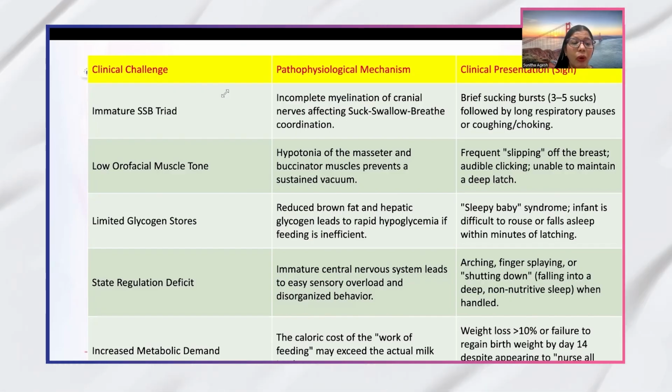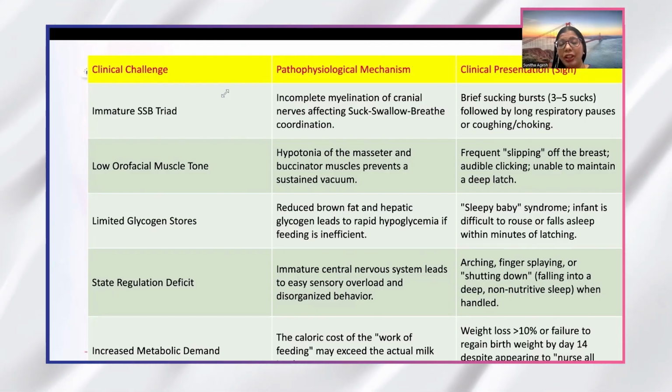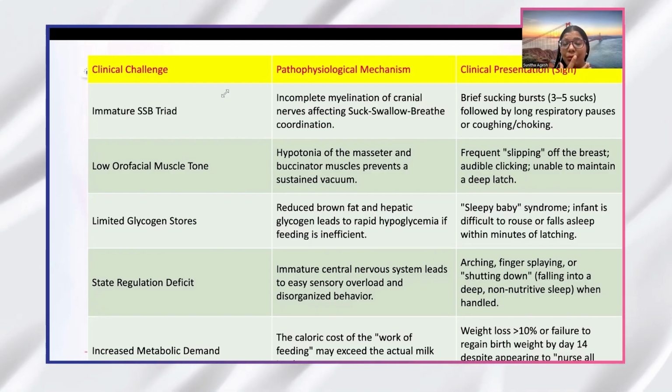Next one is low orofacial muscle tone. This is hypotonia of the masseter or buccinator muscle, which prevents a sustained vacuum. That's why when we are assessing the baby, we can see dimpling while the baby is sucking. Because of that, we cannot predict whether the baby is taking milk or not. In a full-term baby, when the milk is inside, the baby's cheeks will be full.